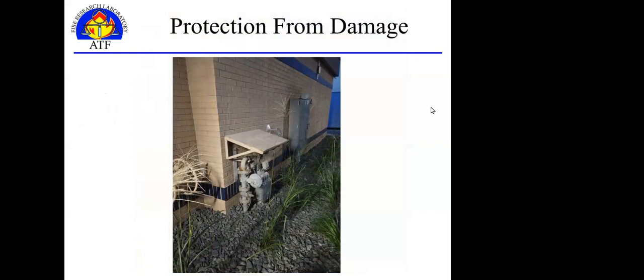Okay. The one thing that can be an issue is if you're in an area prone to a lot of snow and ice, like I am up north, you have to actually protect your gas components from damage. I just happened to be out for dinner with the family, and the nerd in me saw this and said, I need to take a picture. But this is on a restaurant where the slope of the roof allowed snow and ice to fall off on this side.